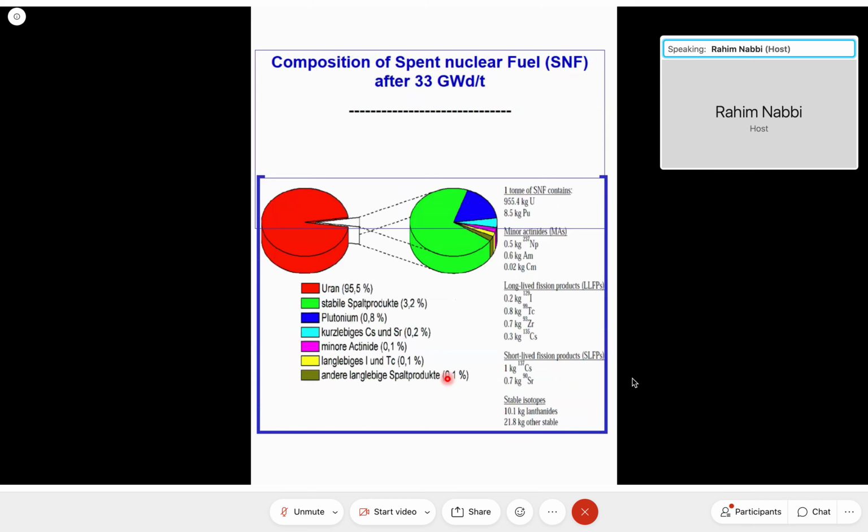Every cycle is something like 2 years, and after 2 years, because the content available for fission would be reduced, they have to be replaced by fresh ones. And the question arises first: what is the composition of the spent fuel elements, or spent nuclear fuel?